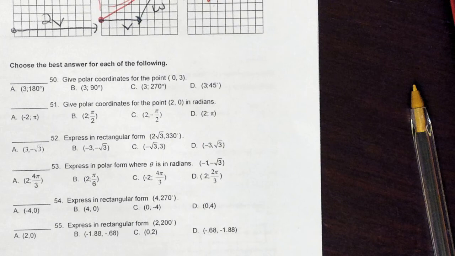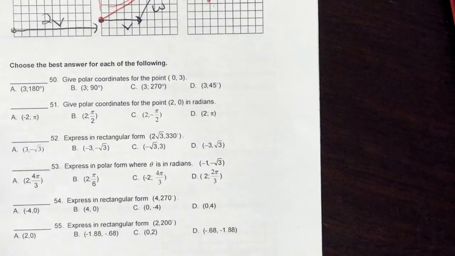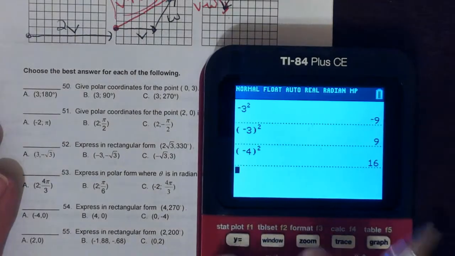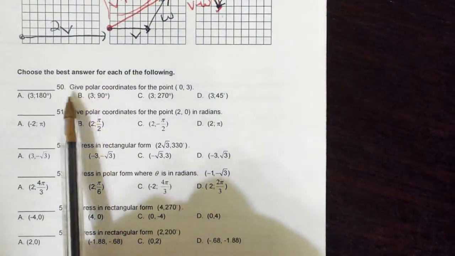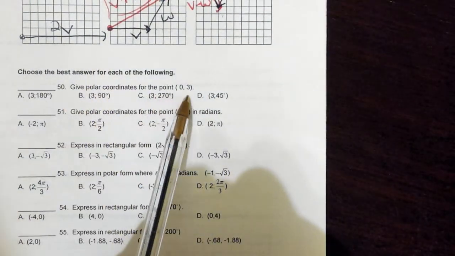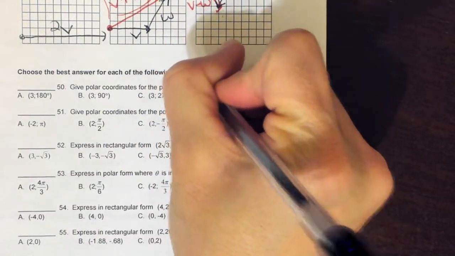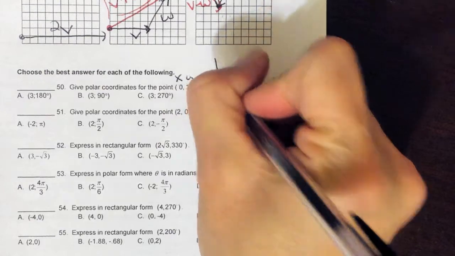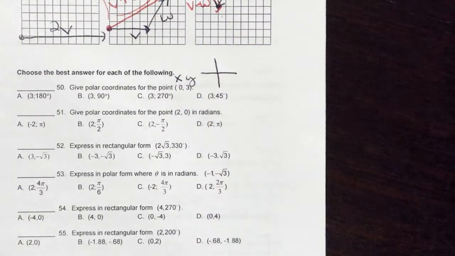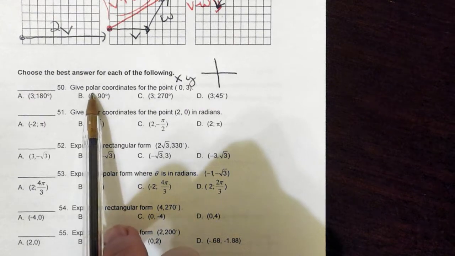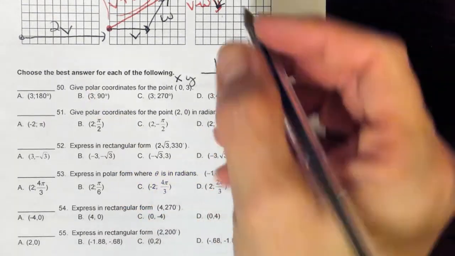50 through 55 are all like problems that are on the front, but this time it's multiple choice style, so we can talk about that. So when you're doing this problem right here, it says give polar coordinates for the point 0, 3. If they want me to give polar, it means they must have given me the x and the y. The first step in doing these is always to graph it. So anytime they give you x, y, and ask you to change it to polar, you start by graphing.